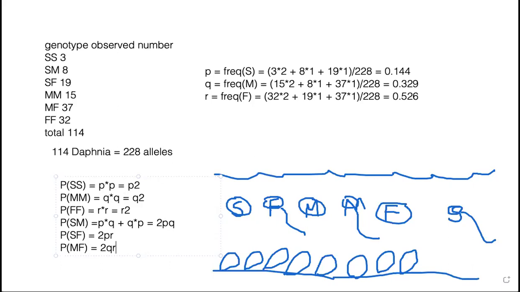And then the probability of any heterozygote is 2 times the product of the frequencies of the 2 different alleles. So that's how we get this. That's how we can expand Hardy-Weinberg equilibrium to any number of alleles that we want to.